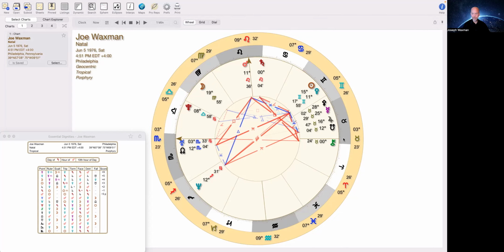North Node in the first house. North Node on the angles is particularly difficult because it's a very destructive position. A lot of people with North Node in the first or in the 7th potentially have a lot of success, but the nodes are quite destructive, especially when young.